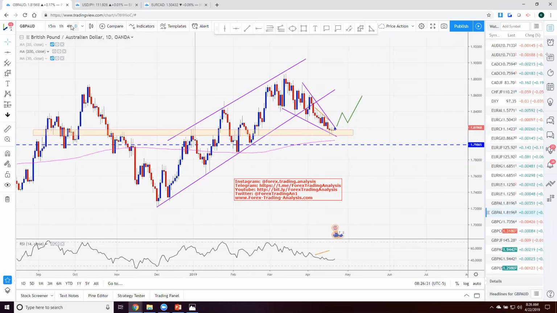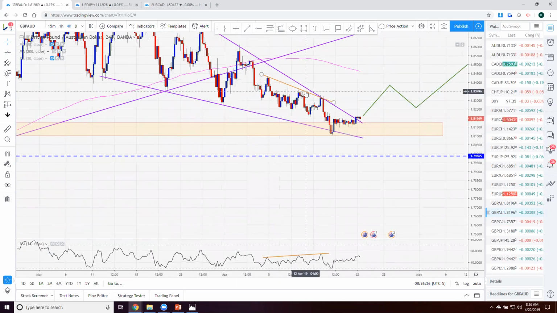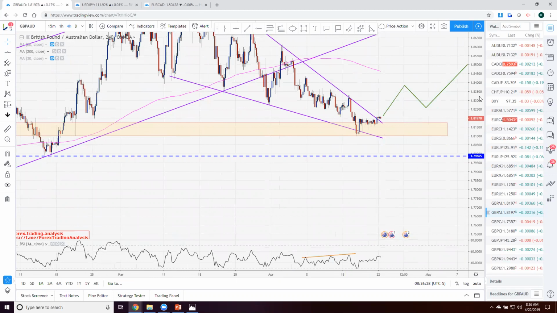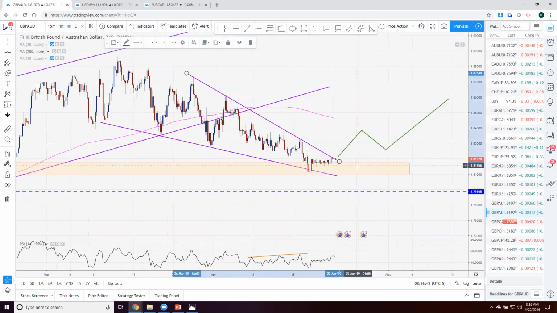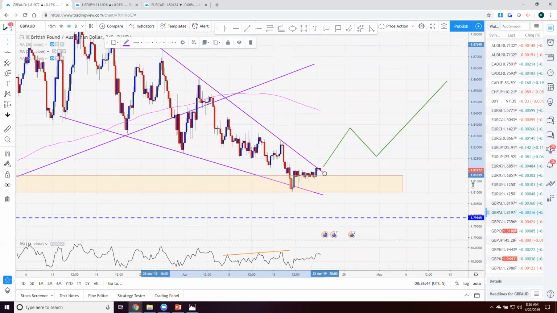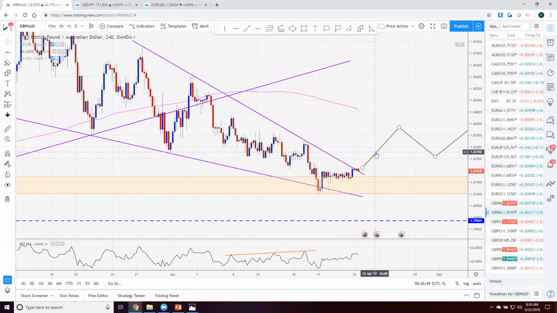So looking at that on the 4-hour, you'll be wanting to watch for any breakout opportunities of this wedge.